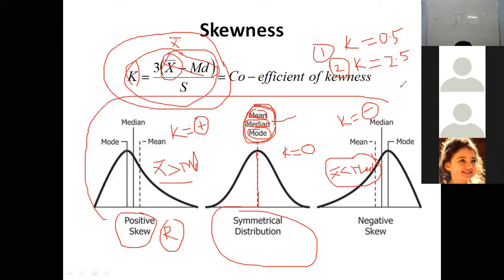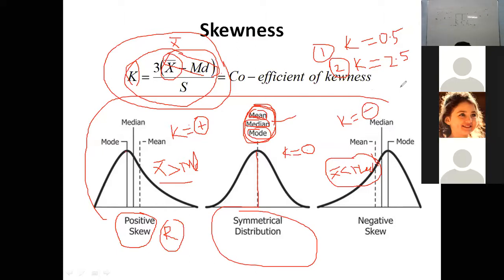Which is more skewed? First thing, whether it is right skewed or left skewed, positive or negative skewed. Both cases they are positive skewed because they are positive values like this. That is the first point. Second point, which one is more skewed?